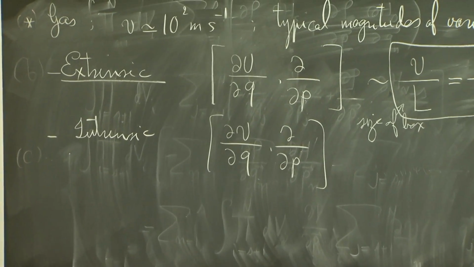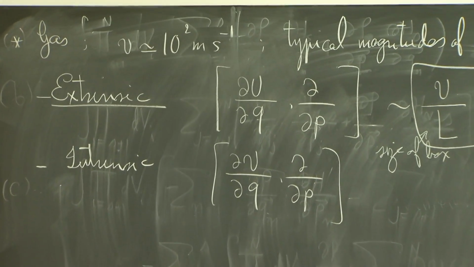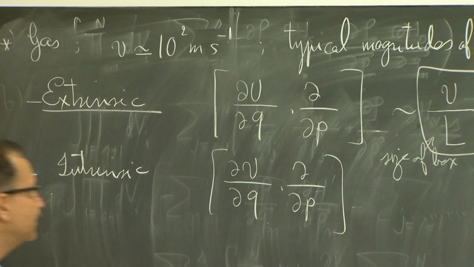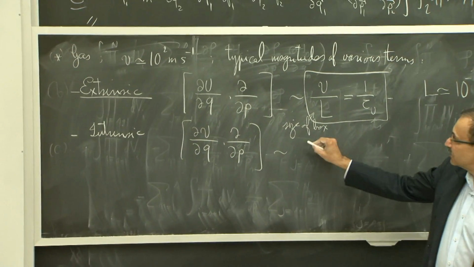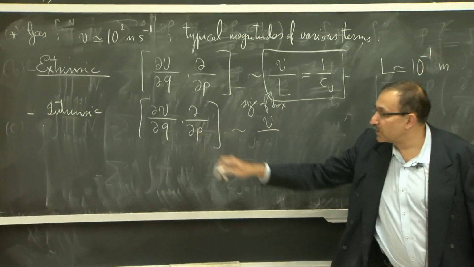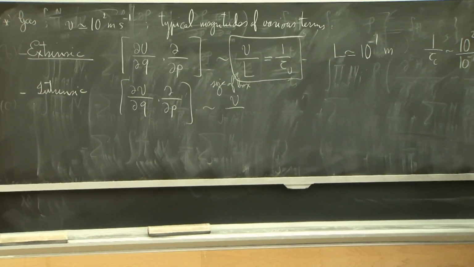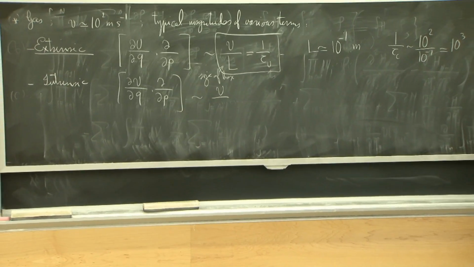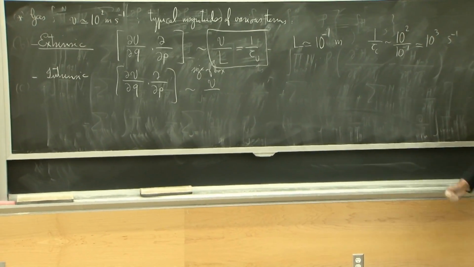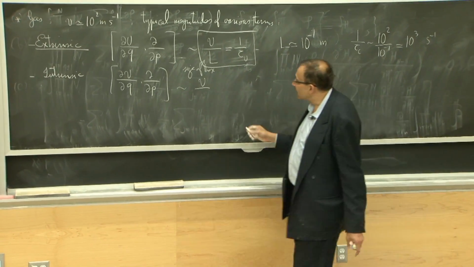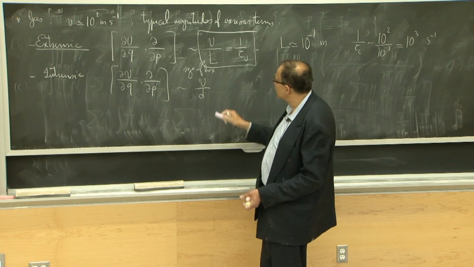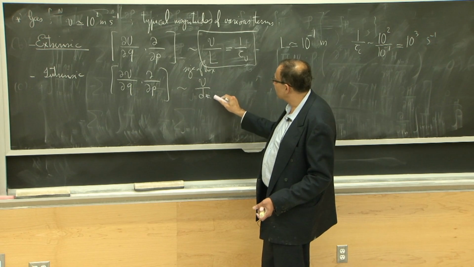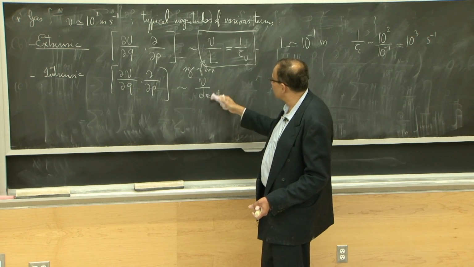Now, if I was to see what the characteristic magnitude of this term is, it would have to be v divided by a length scale that characterizes the potential. And the potential, let's say, is of the order of atomic size or molecular size. Let's call it d. So this is an atomic size or molecular size.